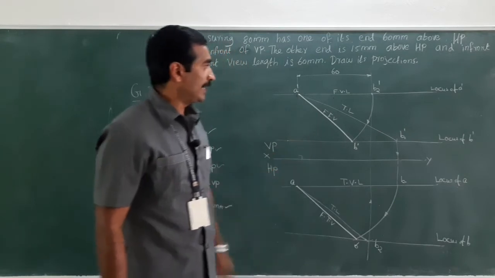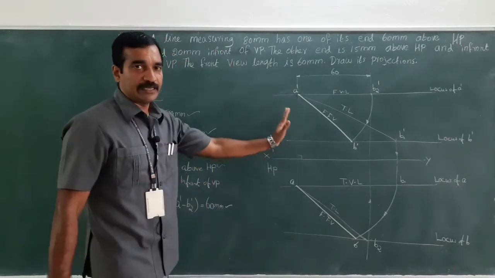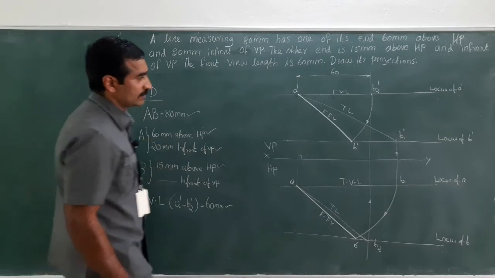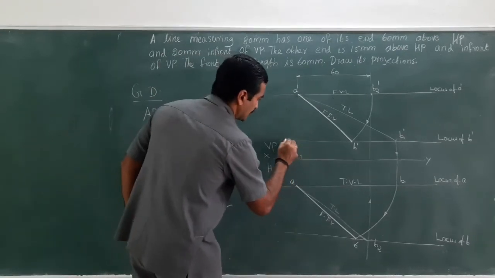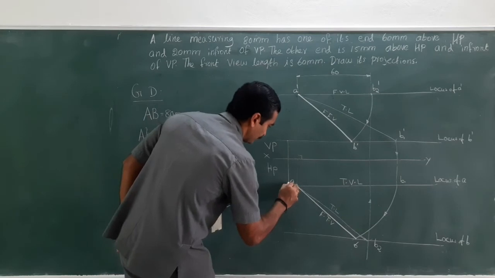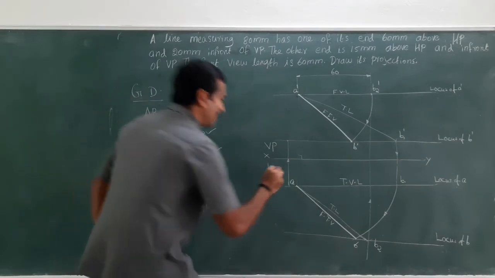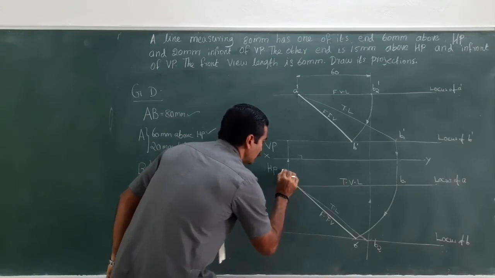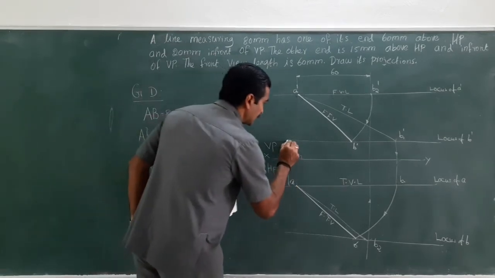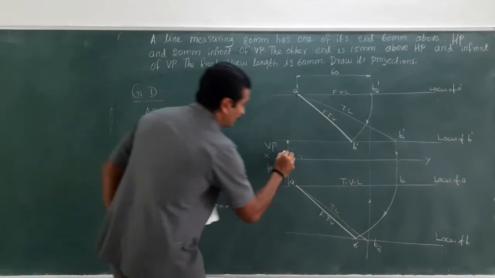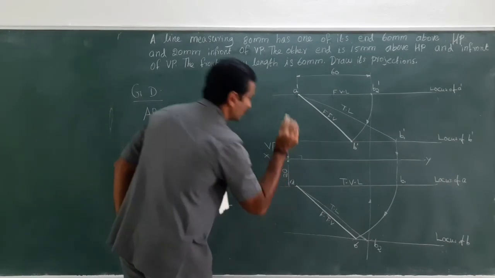Right. Next, dimensioning should be captured in the drawing. So what are the dimensions? The locus details, that is, these distances should be captured. So here in front, this is 20 mm, and this is above HP, which is 15 mm, right?